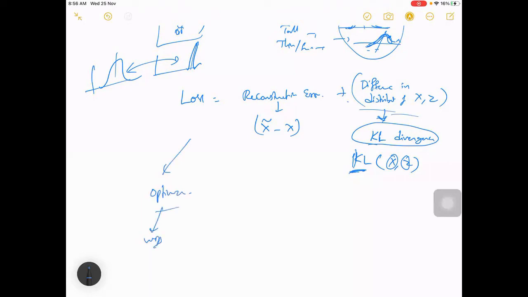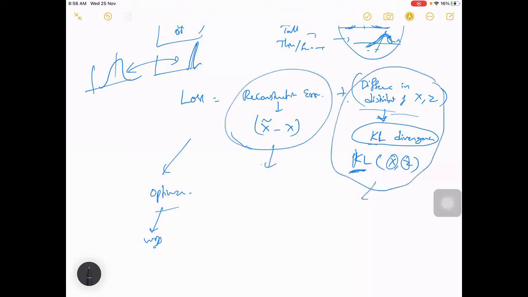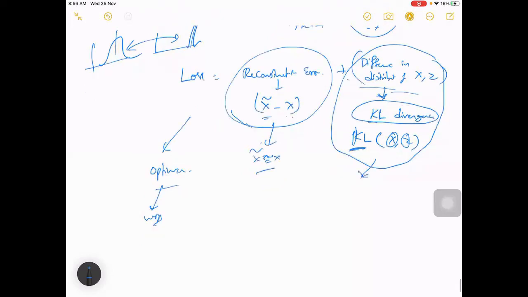So now what will happen? It will try to reconstruct the output, and it also tries to reduce this, right? It means your x tilde will be almost equal to x, and it also tries to reduce this as well. For this, it tries to make the distribution of x similar to the distribution of z.